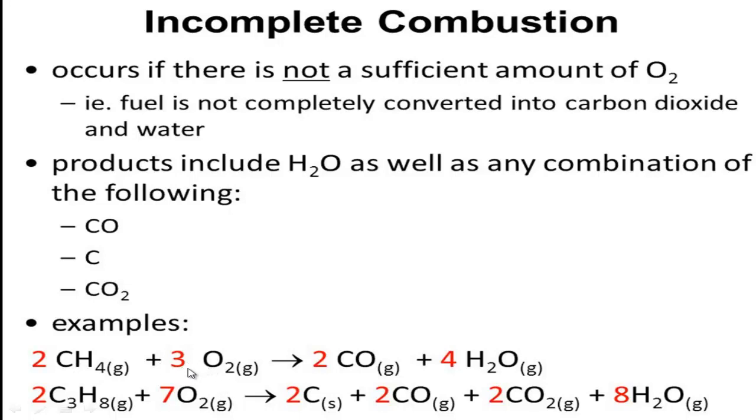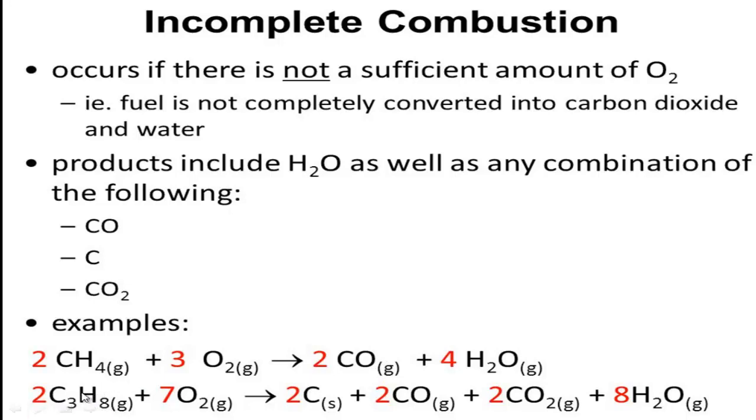But here 3 moles oxygen are used. For this, carbon monoxide gas is produced. So due to lack of oxygen or insufficient oxygen, carbon monoxide gas is produced, which is known as incomplete combustion and which is responsible for air pollution.